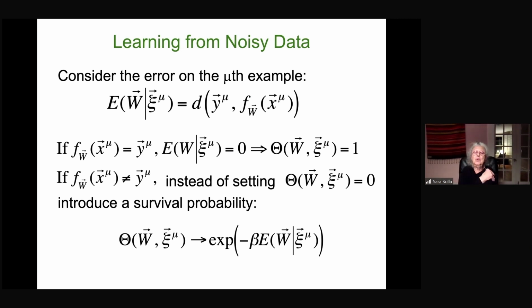But what are we going to do if F_W of X mu is not exactly equal to Y mu? We want to then incorporate, in some sense, a measure of the error.